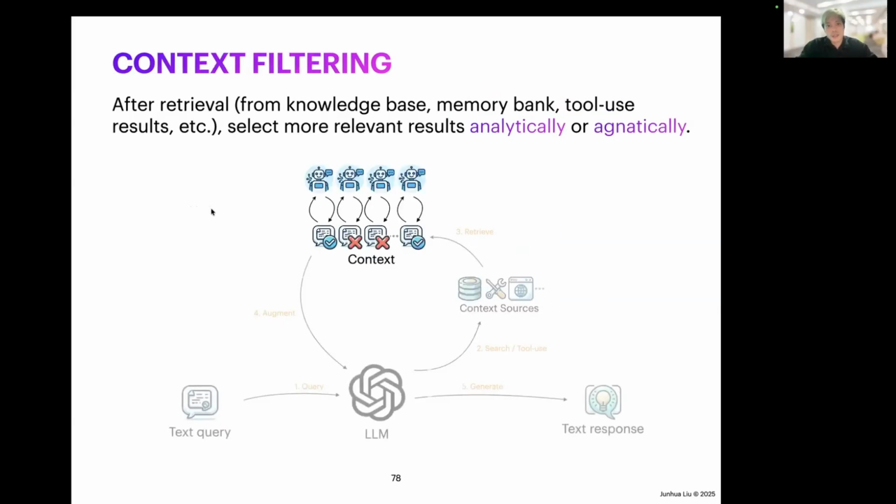The second thing to do is to have agents that help us evaluate which piece of context is more relevant or should be included, so that we don't have to pass all the context chunks retrieved from the tools.